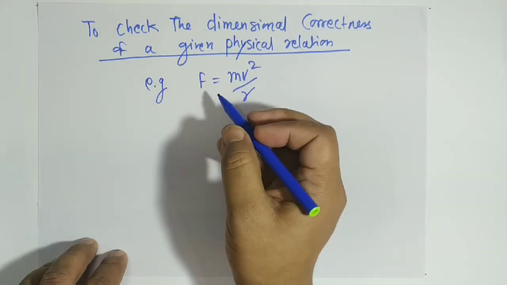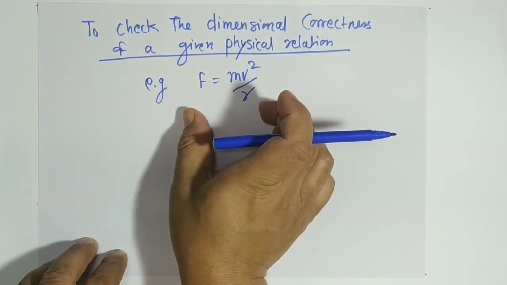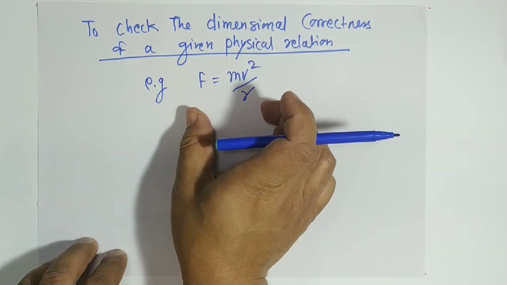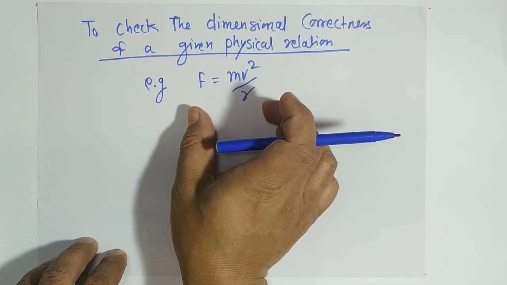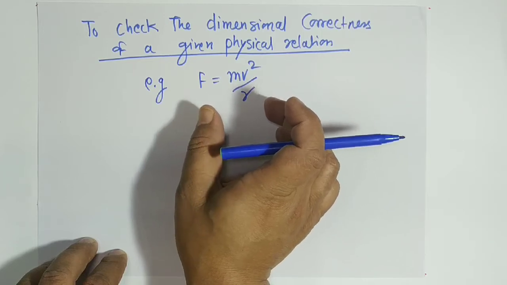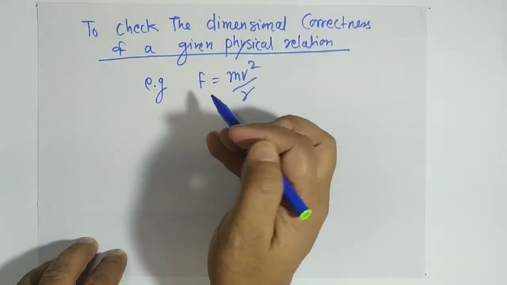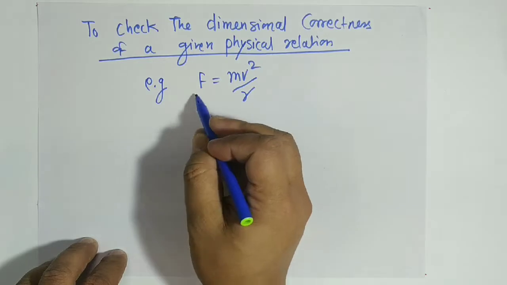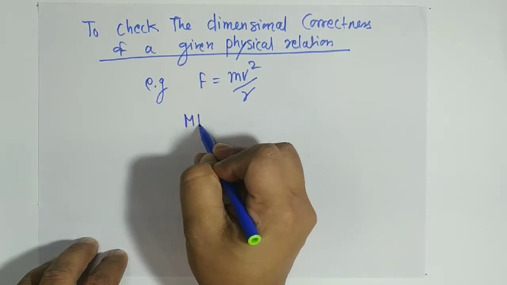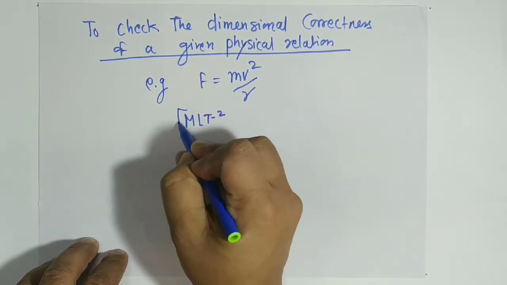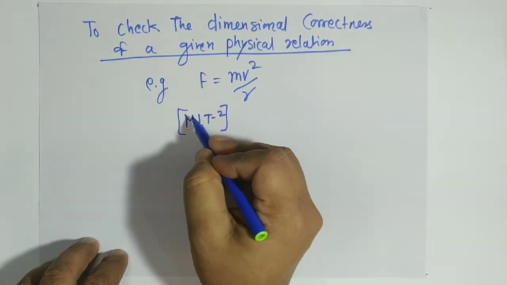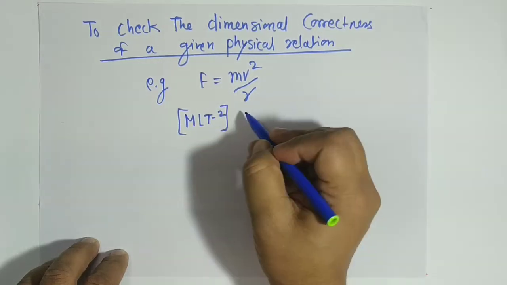Now I think most of you know this is a centripetal force, but right now we are not going into the details of the description of this force, but we have to check it. What is the dimension of force? All of you know it is MLT minus 2. How has it come? Mass into acceleration.